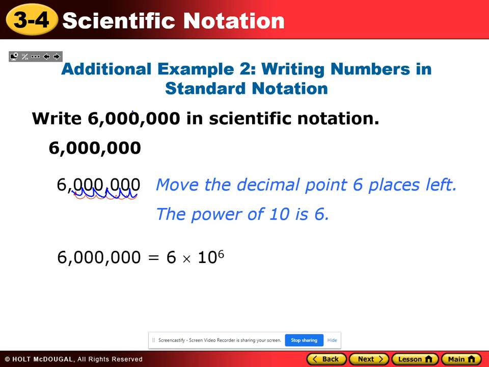So 6, and I put 6.0 because that's technically the correct way to write it. And since we moved it 6 spots, we have an exponent of 6. 10 to the 6th. And when we did 10 to the 6th, 1 million, times 6, we get back to 6 million.